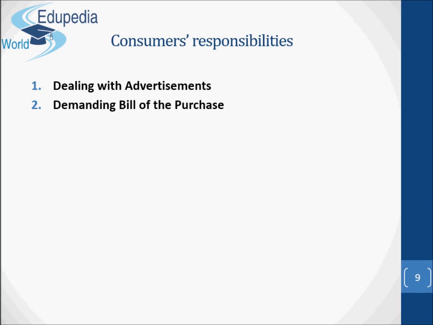For many food products, the quality assurance is certified by a seal called AG mark. Consumers should choose products with ISI mark and AG mark. A very important thing before purchasing food products or medicines, etc., is that the consumer must see the expiry date.